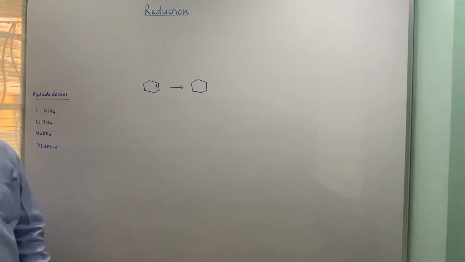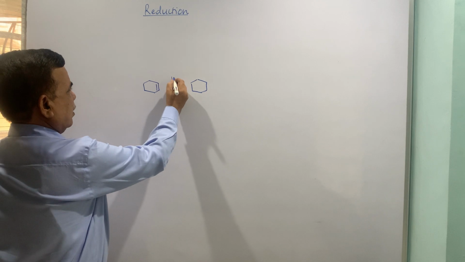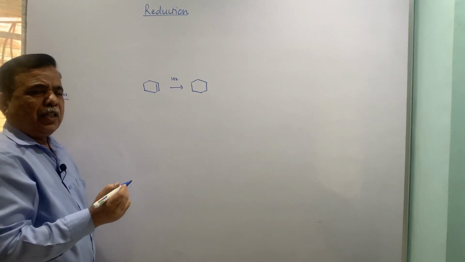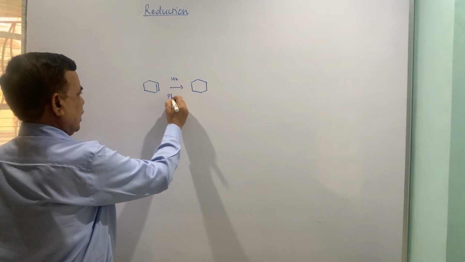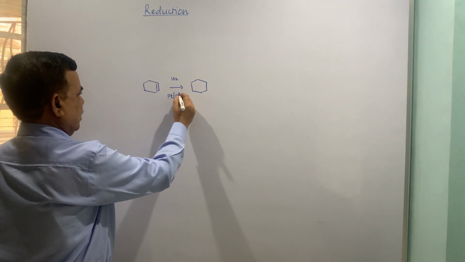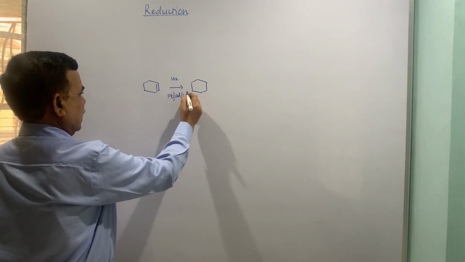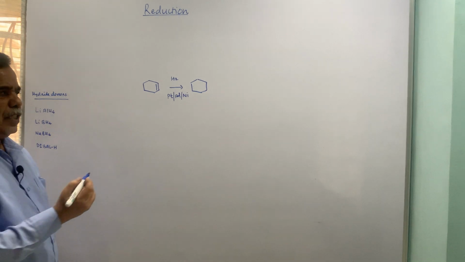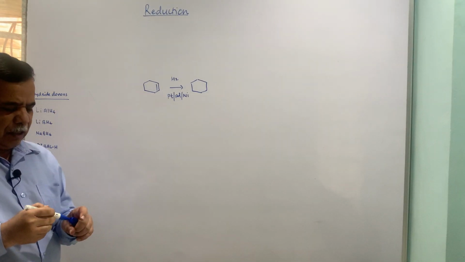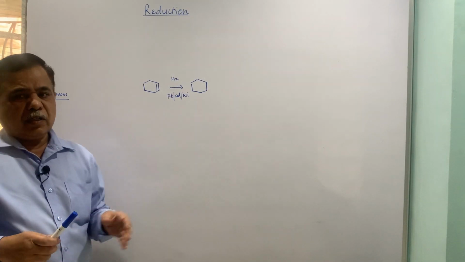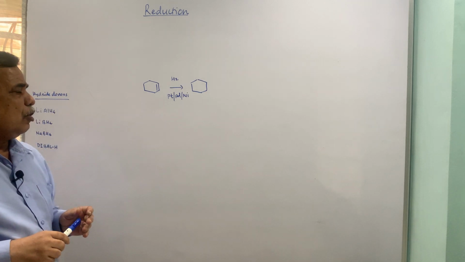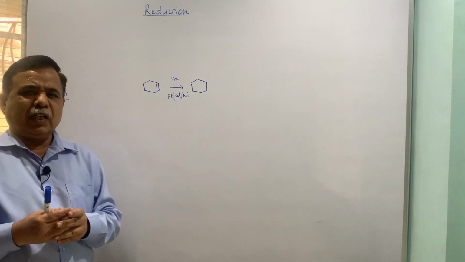There are quite a few reagents available. First one is you have to add hydrogen in presence of platinum, palladium, nickel, anything. Now, this is your heterogeneous catalyst, because this powder of catalyst is not soluble in organic phase.